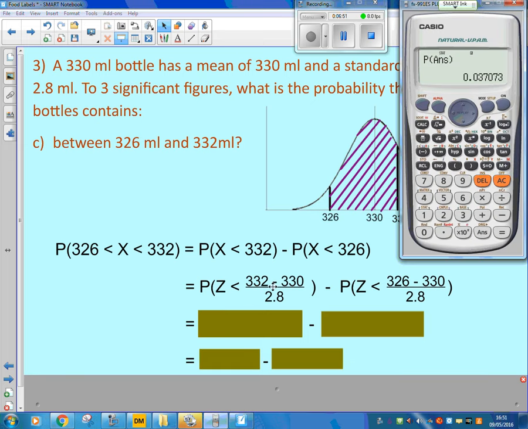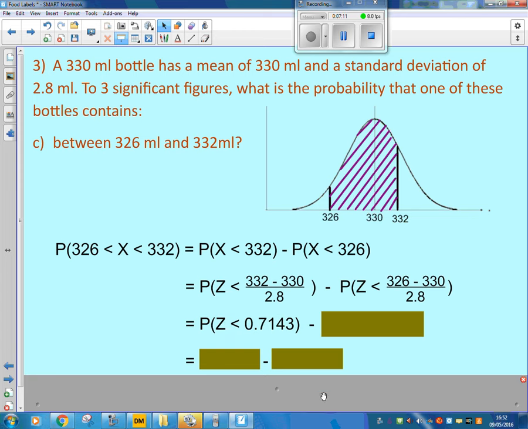I'm going to do this one first. So I do 332, take away the mean, and divide it by the 2.8 equals 0.7143. Let's see if that's right, 0.7143.